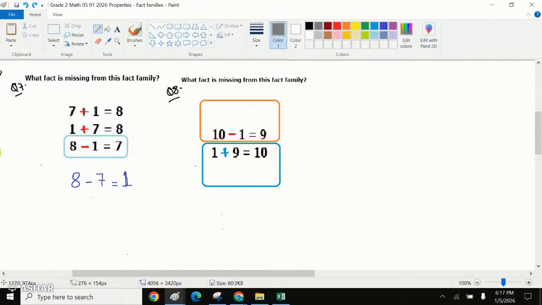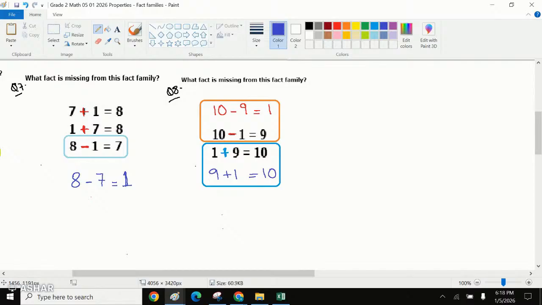So can we say that 10 minus 9 would be equals to 1? Yes, thank you for the answer. In the positive statement, it would be 9 plus 1 was equals to 10, right?